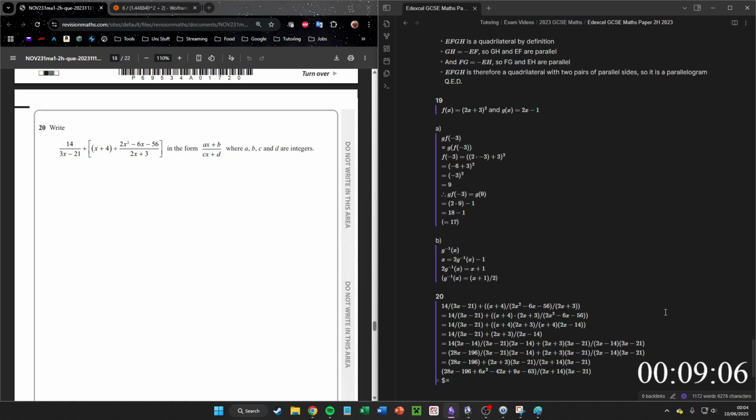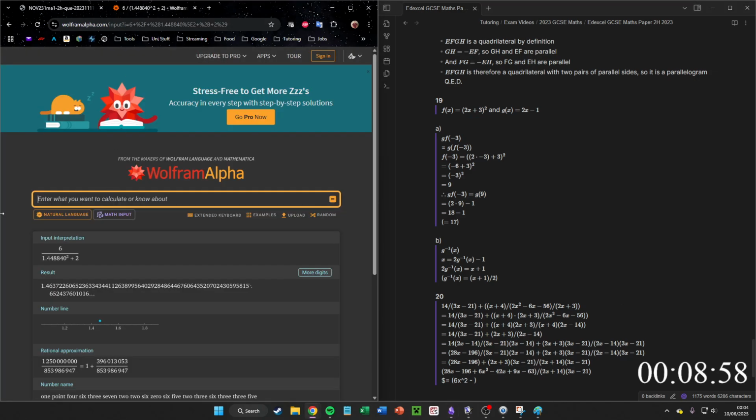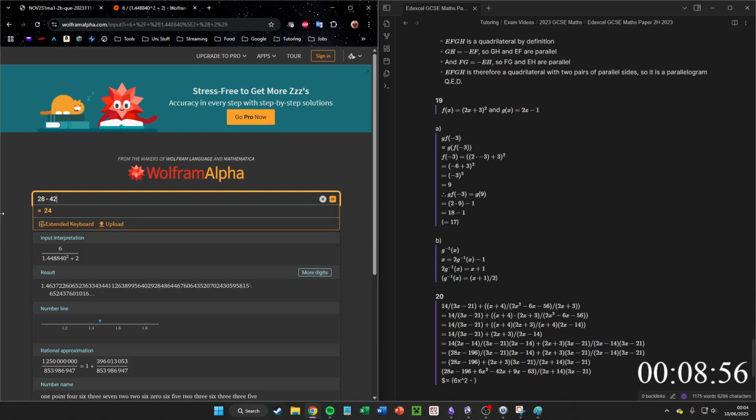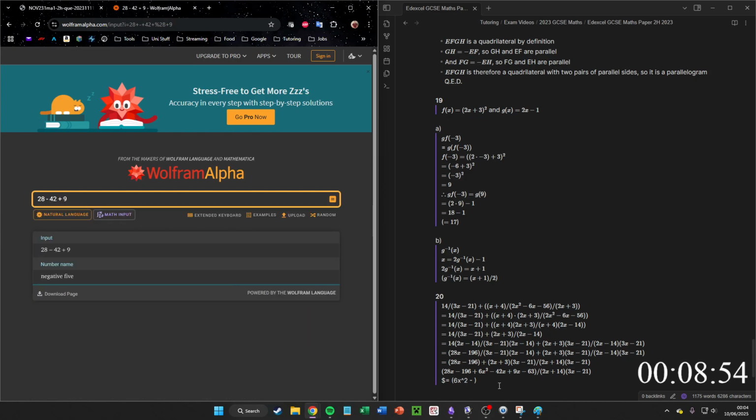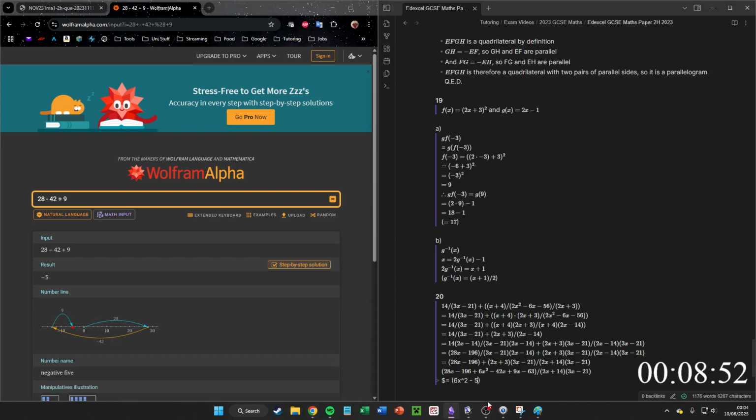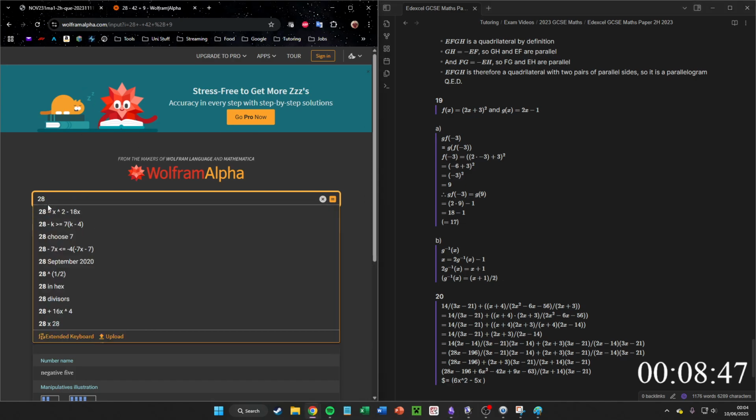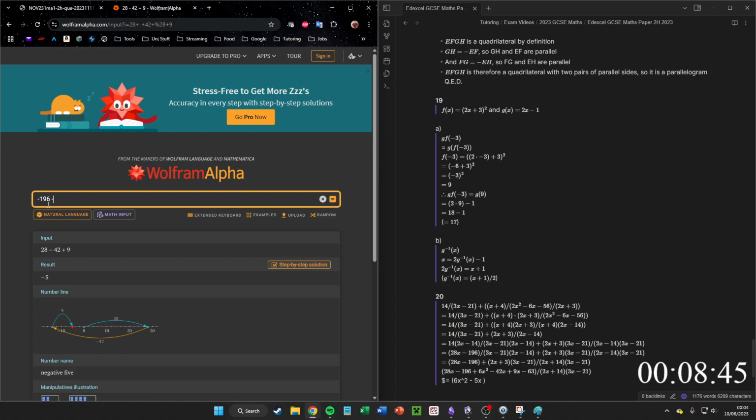And then we need to collect like terms. 6x squared, and for the x's we need to do 28 minus 42 plus 9. That gets us minus 5x. And then we need to do minus 196 minus 63.